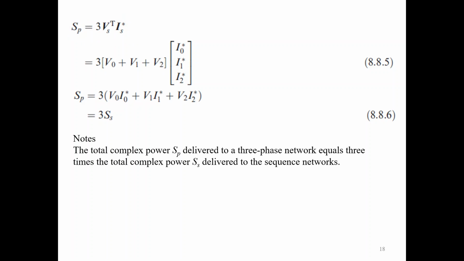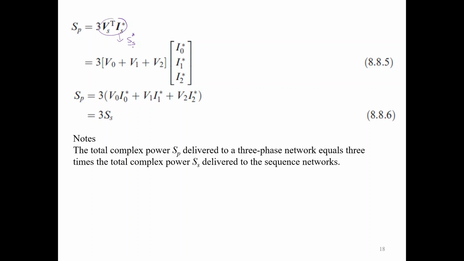Basically, if you see just this term, Vs transpose times Is conjugate, this would translate into what? This would translate into Ss, right? Ss stands for the complex power expressed in terms of sequence quantities.